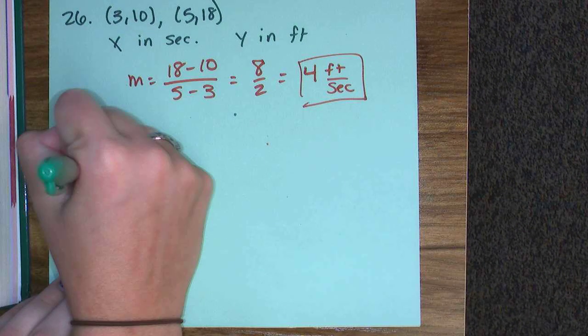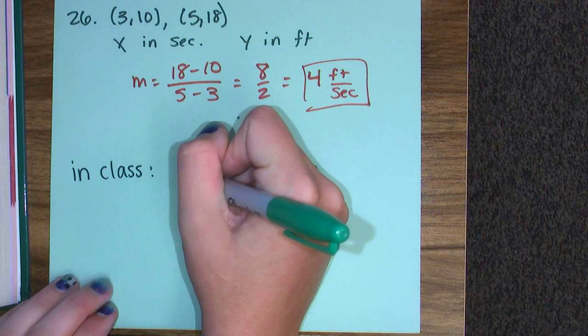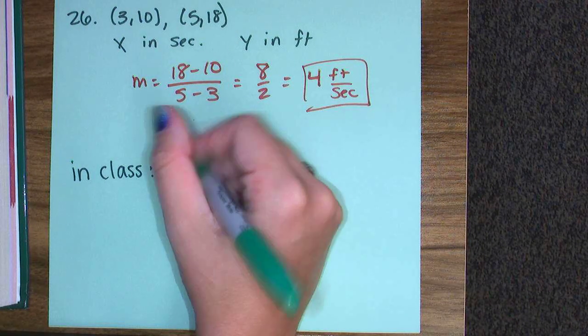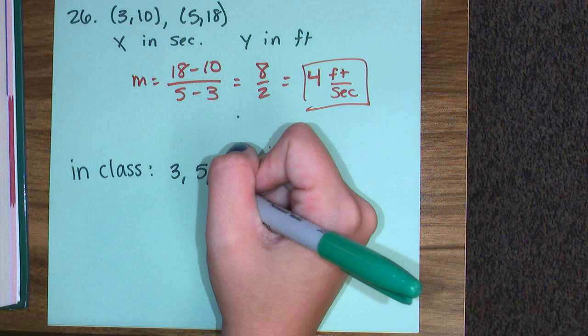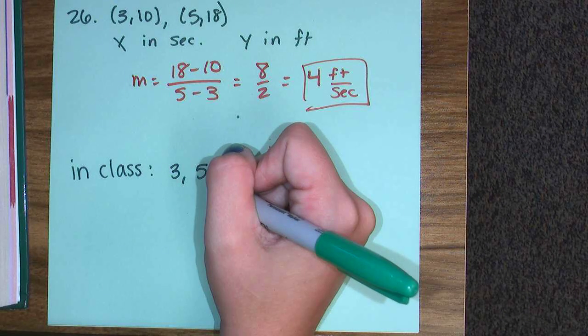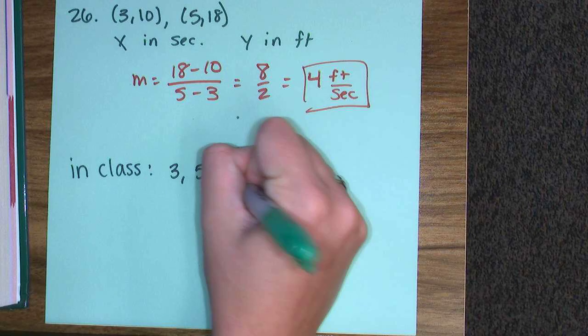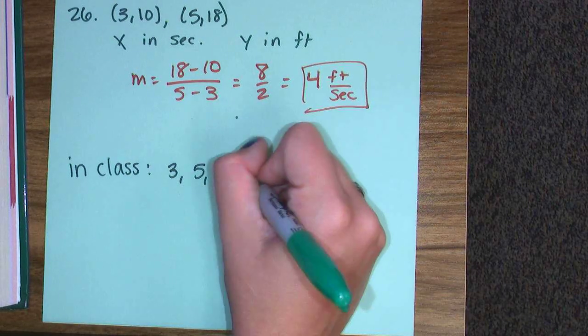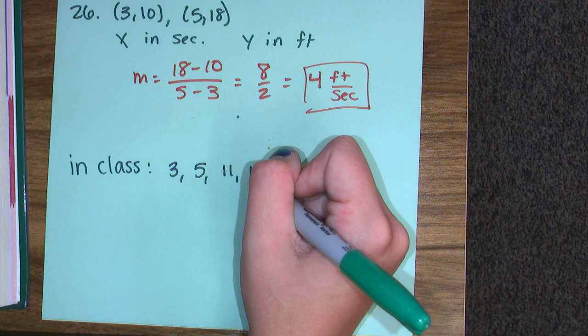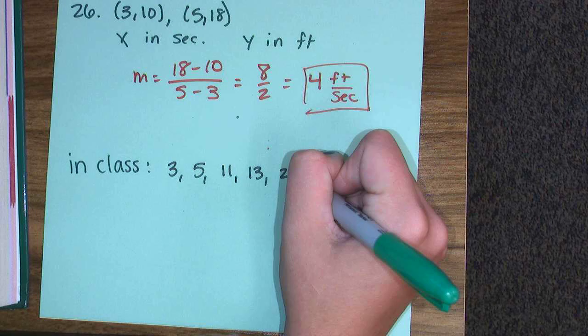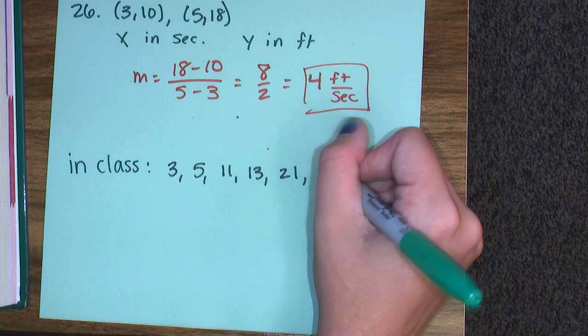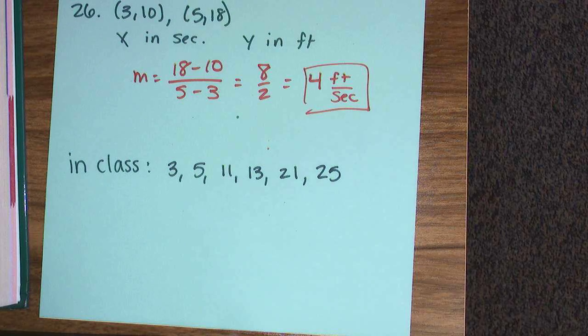So your problems are 3, 5, 11, 13, 21, and 25. And those are all on page 86.